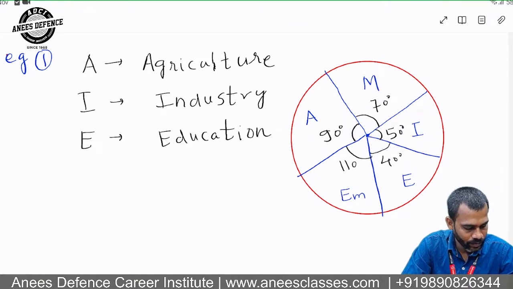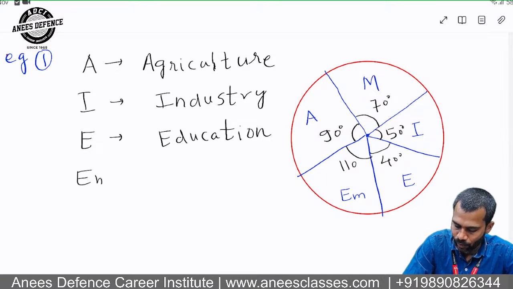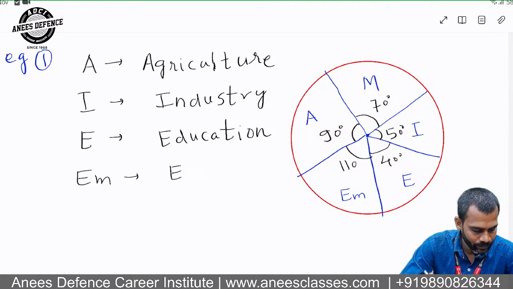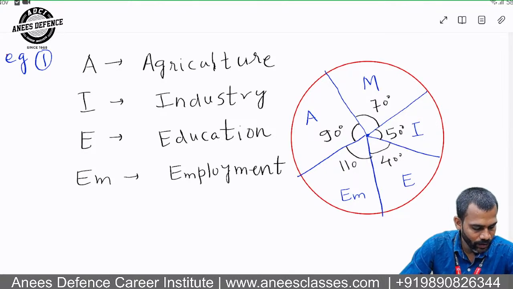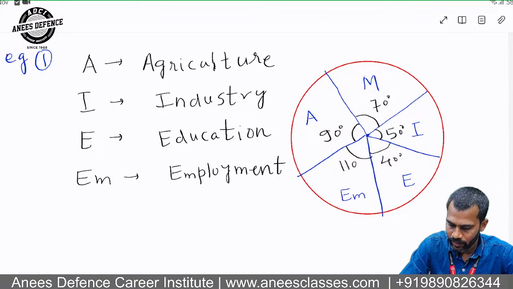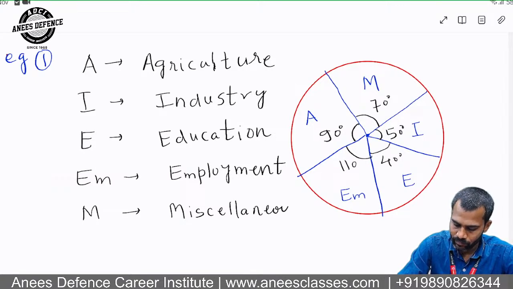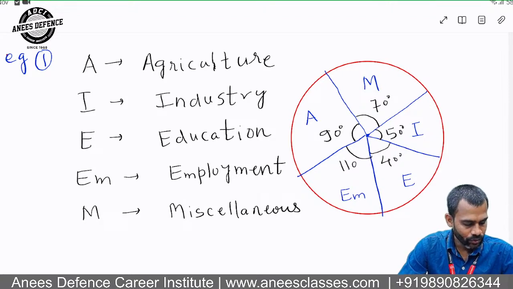Then we have EM for employment. And then we have M for miscellaneous. Okay. So these are the sections.